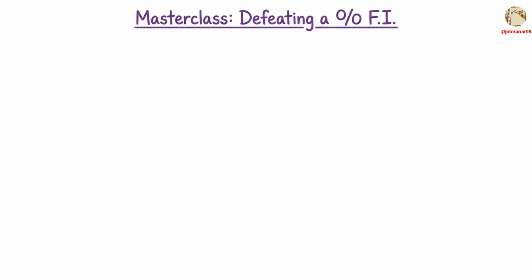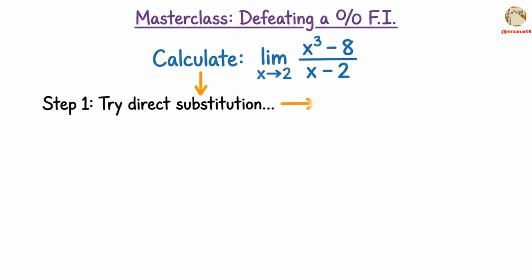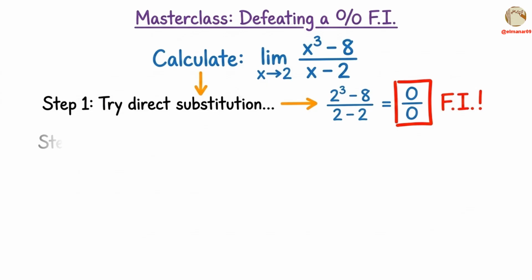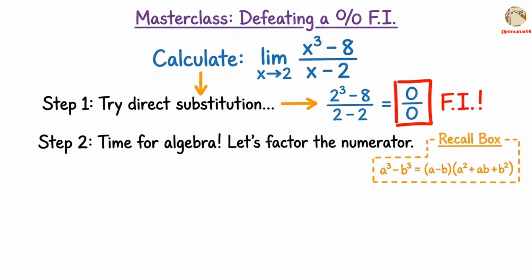Time for a masterclass. Let's solve a 0 over 0 indeterminate form step by step. Step 1. We try direct substitution for x equals 2 and get 0 over 0. Oh no, a disguise! Step 2. Time for algebra. We use the recall box formula to factor the numerator.